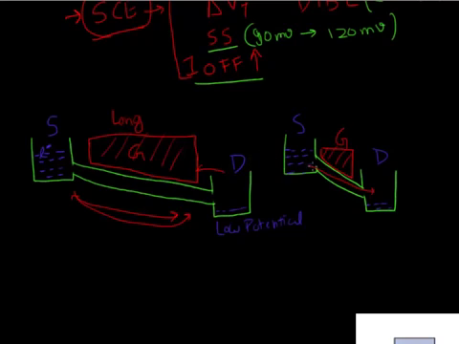So using this analogy, we can simply think about what we do to cut off this leakage, or improve the gate control. It's very simple to think that what we need to do is essentially put another nozzle here.